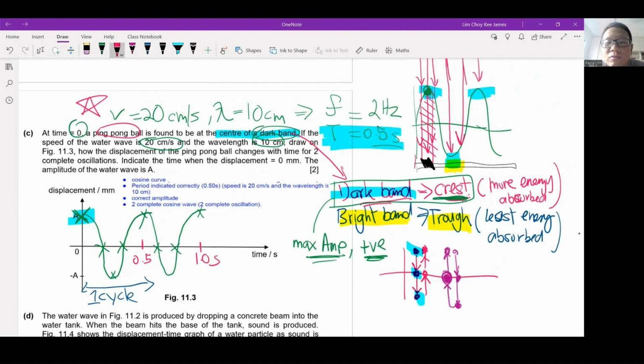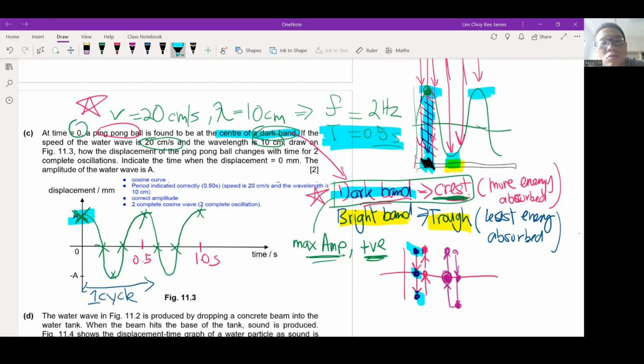Here, students have to take note that dark band means that it is the crest of the wave. The crest of the wave has to travel through a big portion of the water, and when light travels through water, light actually gets absorbed by the water. As a result, by the time it hits the bottom, you have minimum energy, and it forms a dark band.